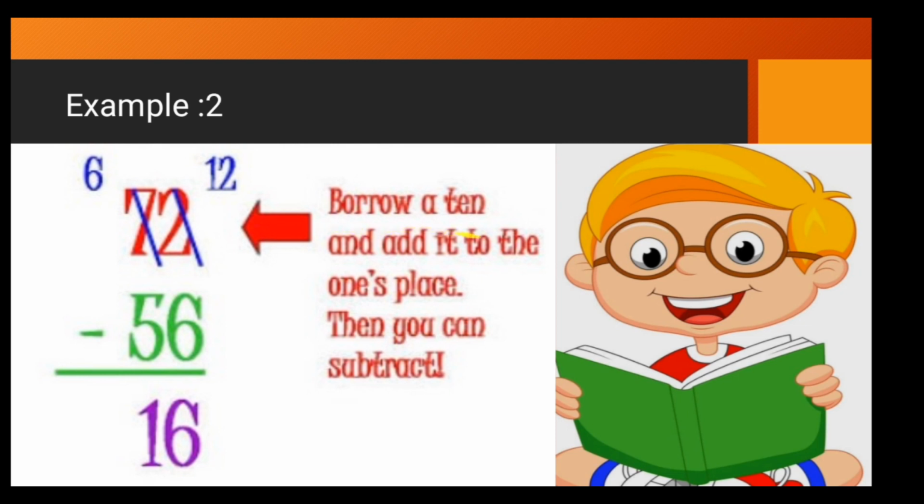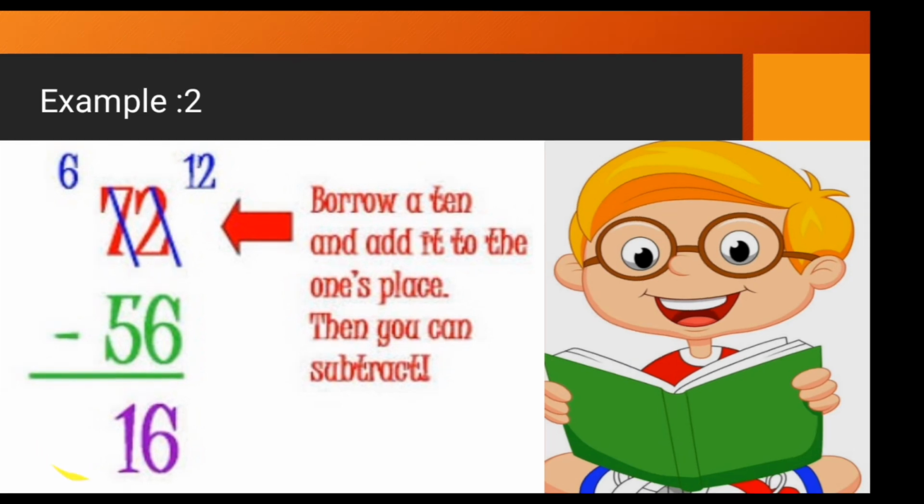Borrow a 10 and add it to the ones place. Then you can subtract. From 12 we subtract 6. We get 6. And 6 minus 5 is equal to 1. So the answer of this question is 16.